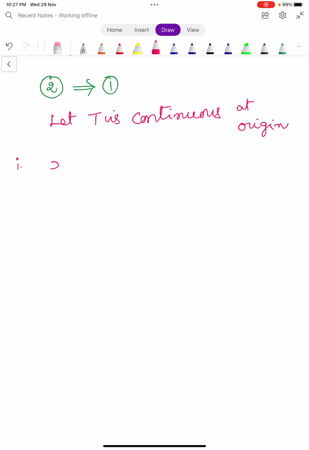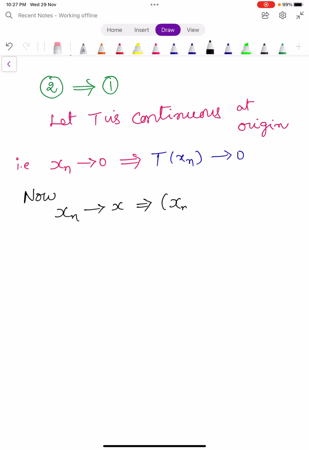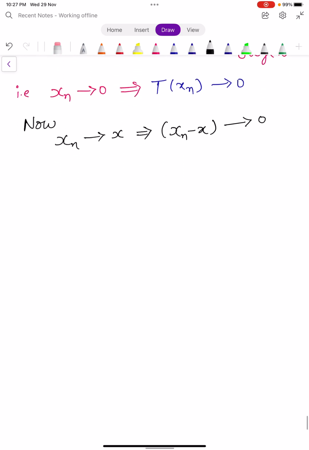Xn converges to 0 implies T of xn converges to 0. Now we prove that suppose xn converges to x. If xn converges to x, then xn minus x converges to 0. What it means? T of xn minus x converges to T of 0.